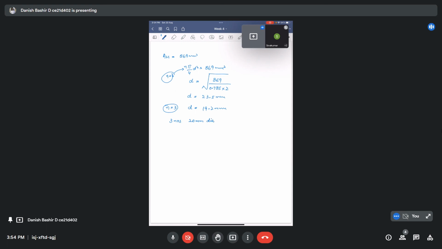If I calculate ASC provided, it will be 3 into 314 mm square, the area of one 20 mm bar, and that comes out to be 942 mm square. If you check, 942 is greater than the ASC required value.